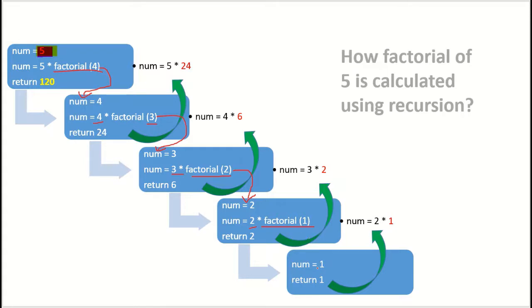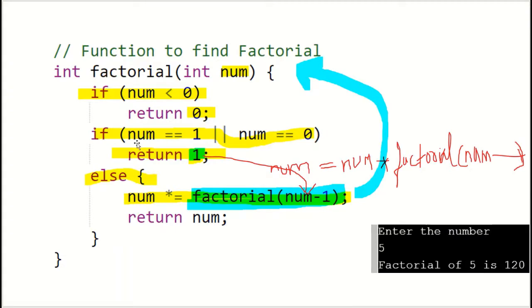Again it is making its own copy, but when factorial of 1 is asked to calculate, that is when num is equal to 1, you can see in the program when num is equal to 1, the return value is 1.